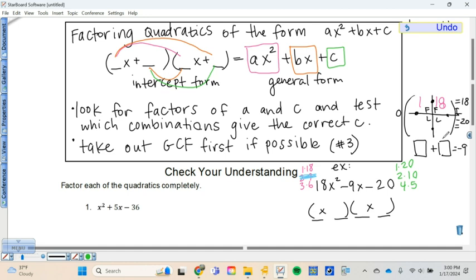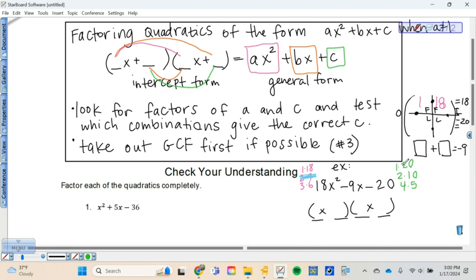Too much. That's not going to get me there. So that doesn't work. What about 2 and 10? I've got 180 and 2. That doesn't get me to negative 9, right? 10 and 2. Yeah, 36 and 10. Also not negative 9.